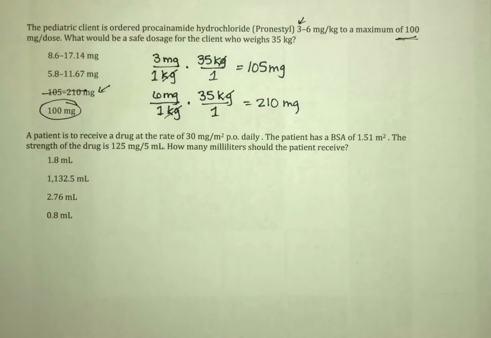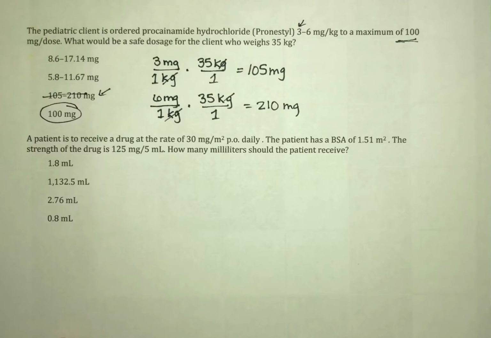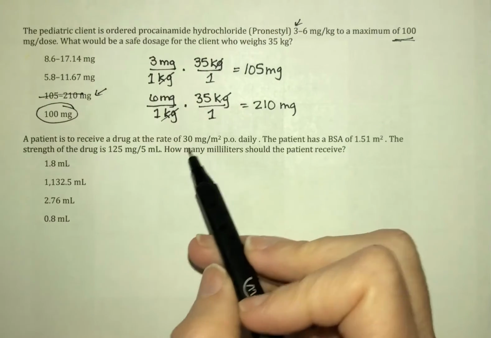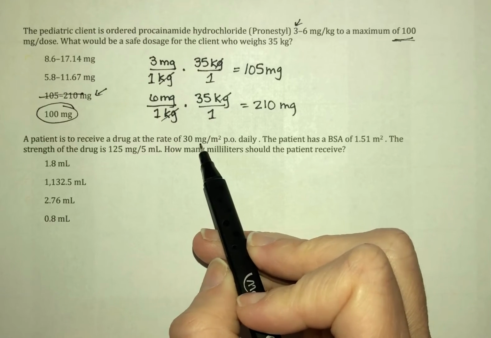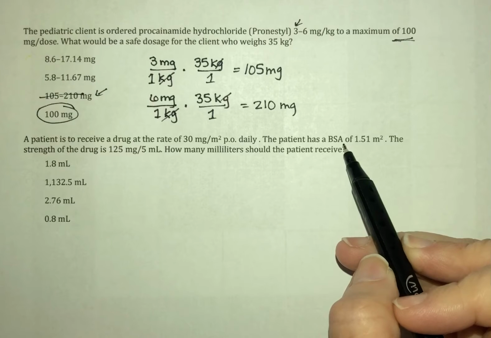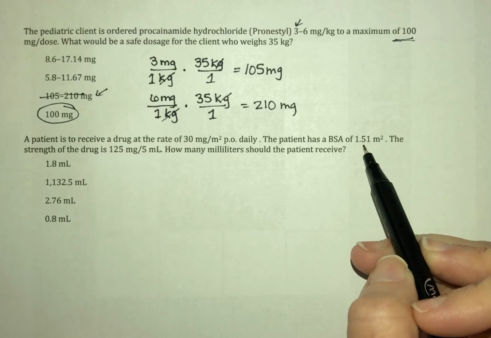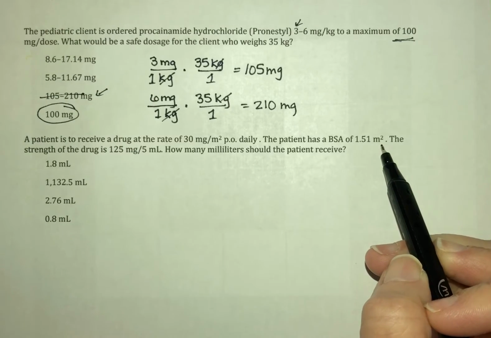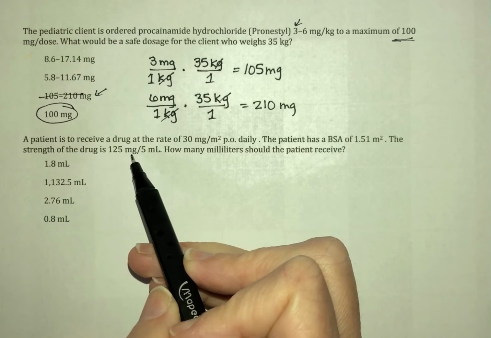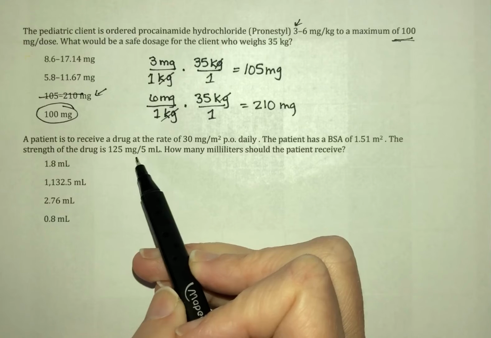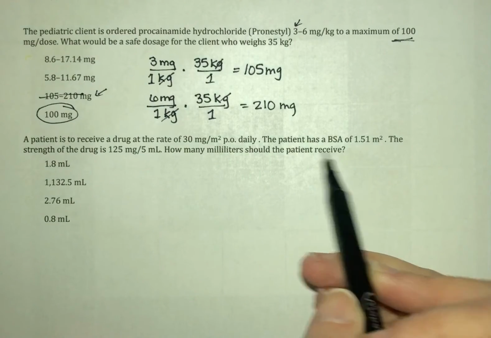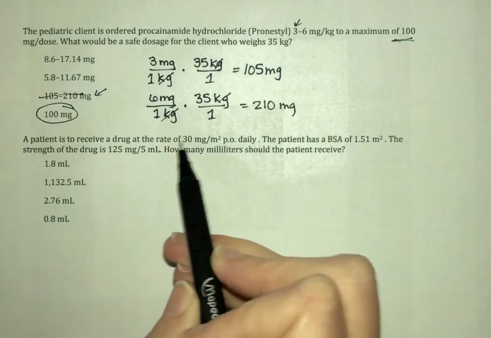Okay, this last question requires us to do 2 conversions. The patient is to receive a drug at the rate of 30 milligrams per meter squared by mouth daily. The patient has a body surface area of 1.51 meters squared. The strength of the drug is 125 milligrams per 5 milliliters. How many milliliters should the patient receive? Well, the first thing I'm going to worry about are these 2.